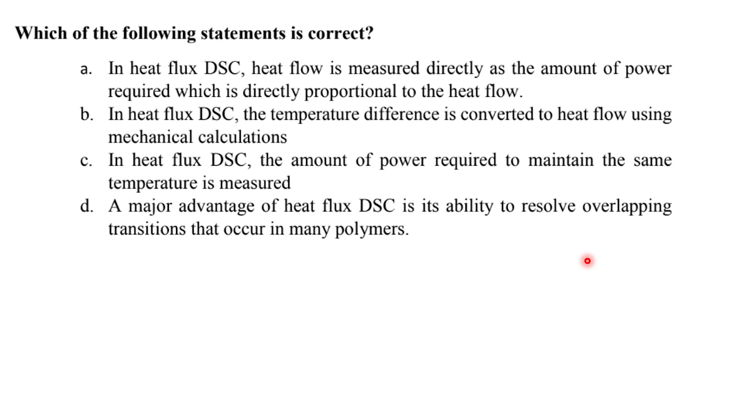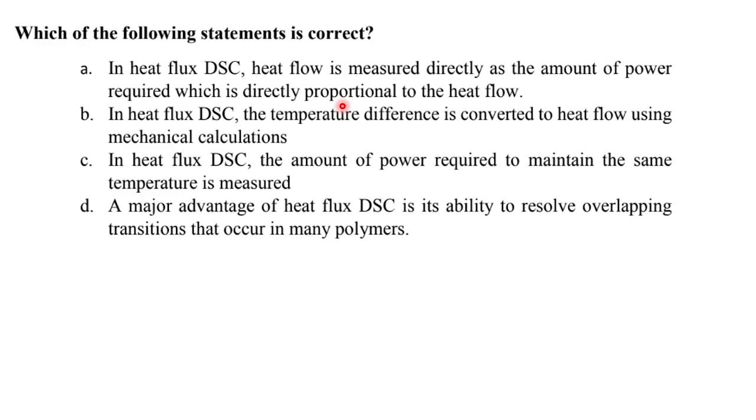Now, which of the following statements is correct? The options are: in heat flux DSC, heat flow is measured directly as the amount of power required, which is directly proportional to the heat flow. In heat flux DSC, the temperature difference is converted to heat flow using a mechanical calculation. In heat flux DSC, the amount of power required to maintain the same temperature is measured.